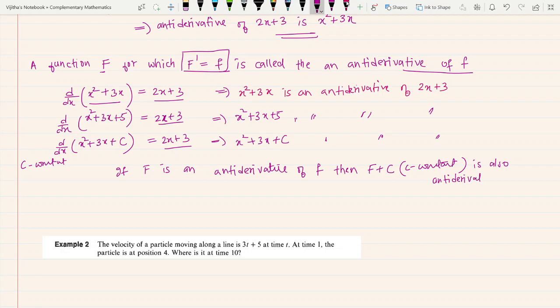It means that antiderivatives are not unique. If F is an antiderivative, then F plus c, where c is a constant, is also an antiderivative. So there are so many antiderivatives corresponding to a given function small f.